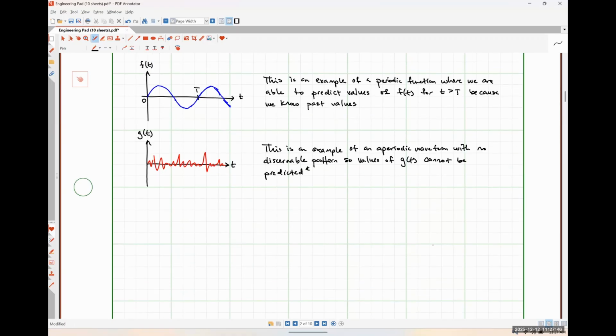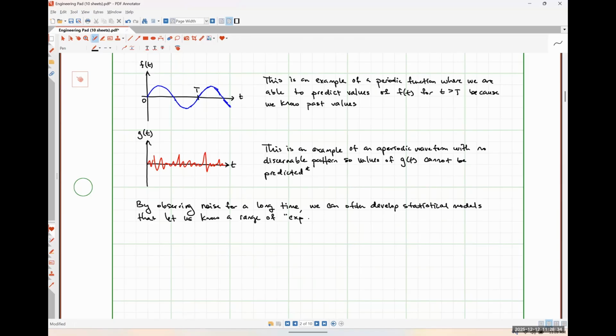So essentially, by observing noise for a long time, we can often develop statistical models that let us know a range of, I'm going to put in quotes here, expected values.